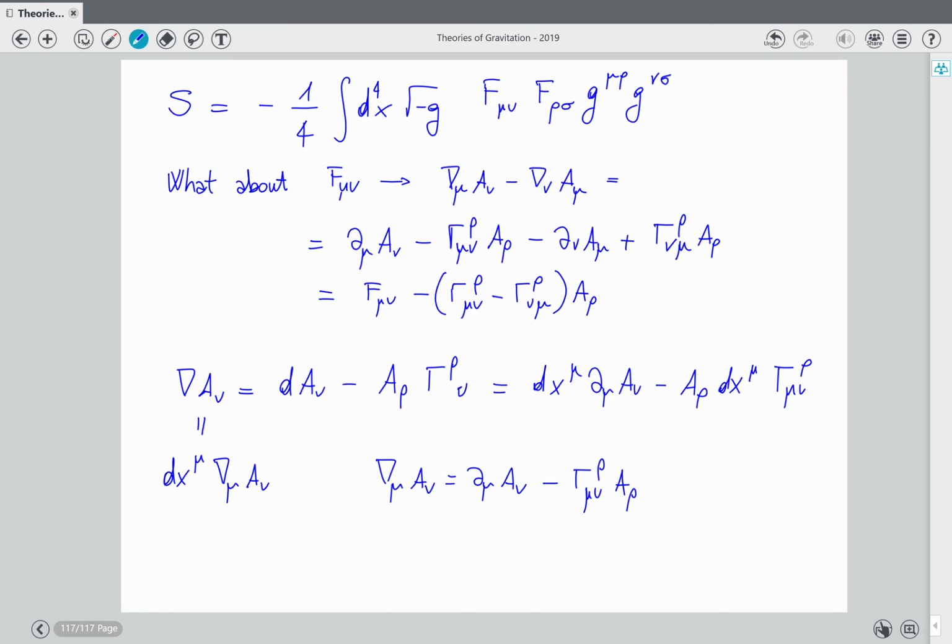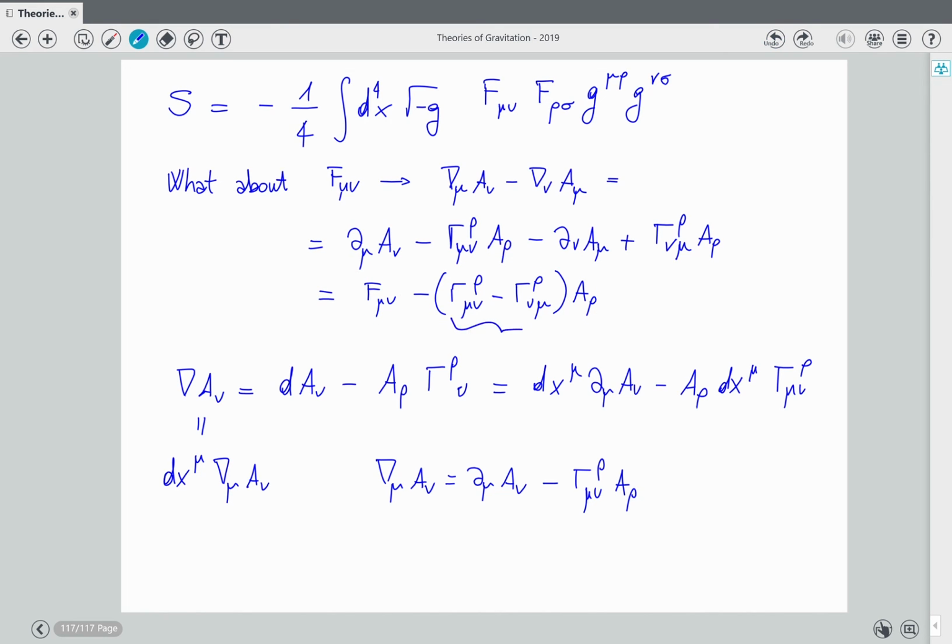The point is that even when they are not equal, this object is always okay, transforms covariantly, transforms correctly, because this is a tensor, this is a vector, and the difference between Christoffel symbols is a tensor. The antisymmetric part is the torsion, and the torsion is a tensor, and we will check it tomorrow explicitly.